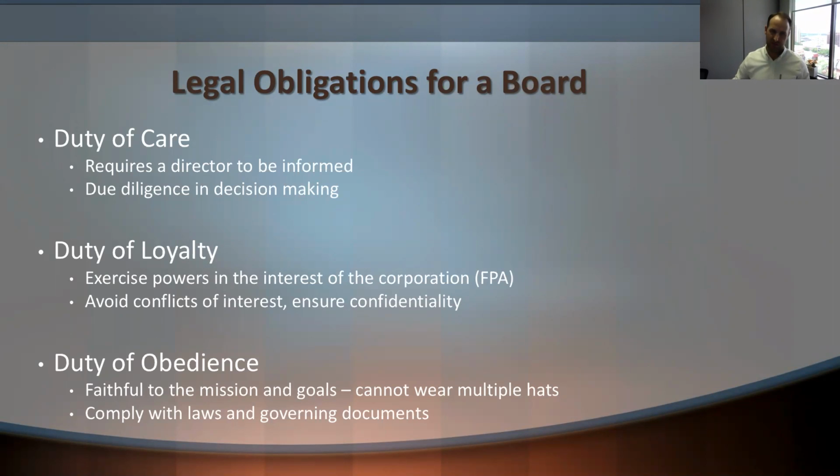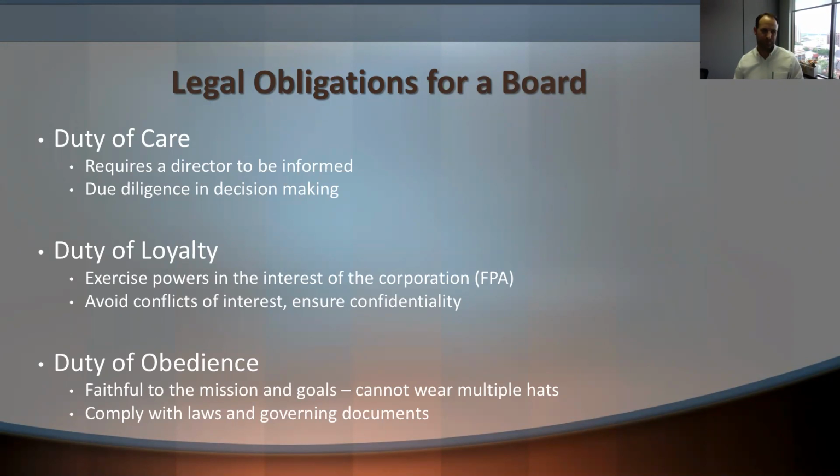Everything they do needs to be in the best interest of the association. And board members should make sure that they recuse themselves even when there's an appearance of a conflict of interest. That's not necessarily a legal requirement, but I think that's the best practice.